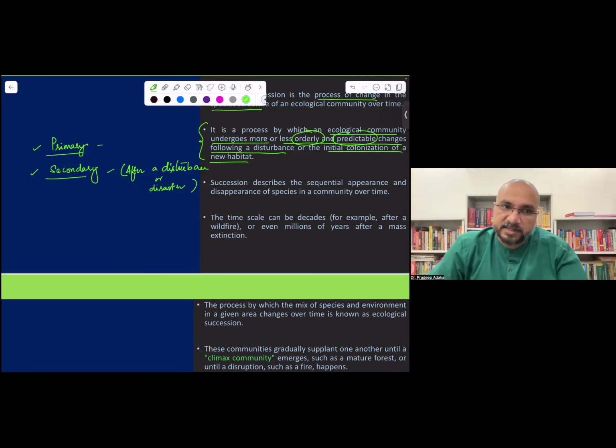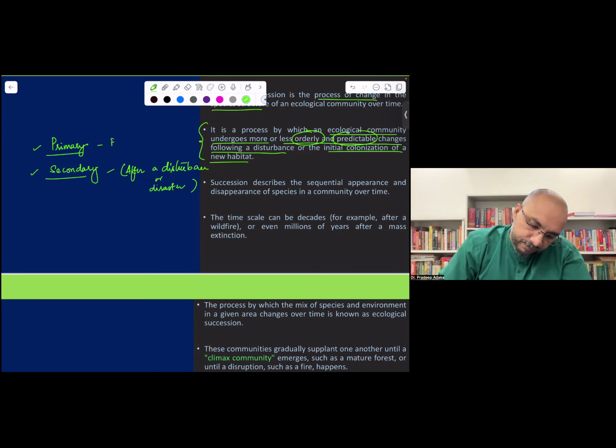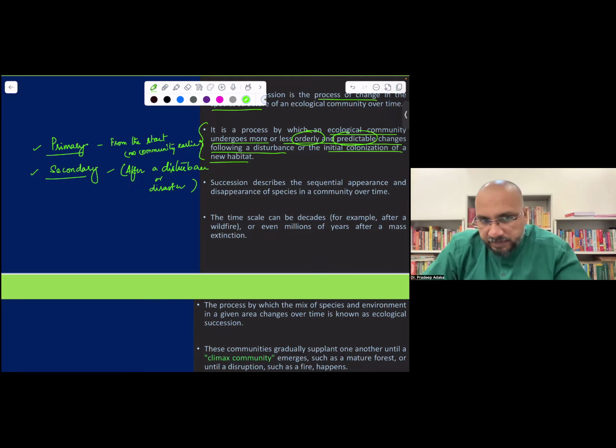So that is primary succession. There was no community there earlier. It is bare rock. That is primary. From the start, no community earlier. It is called primary succession.